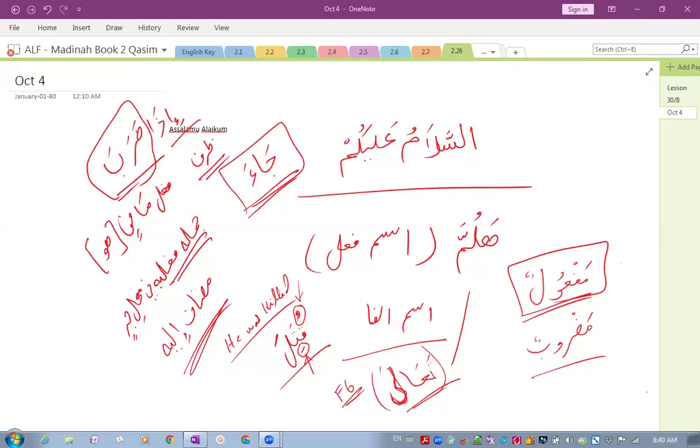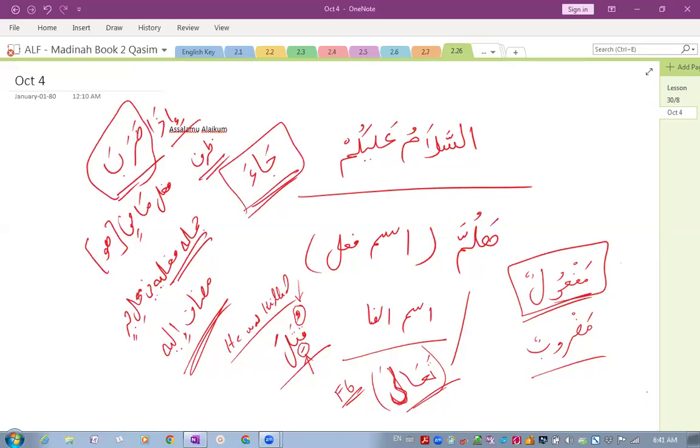So not ignorant, but naive. In Urdu we use jahil for somebody who is ignorant, but in Arabic jahil means somebody who simply doesn't know. It doesn't have that much of a negative connotation.